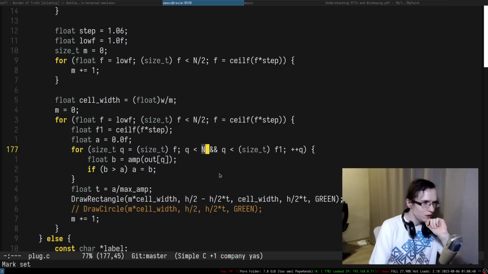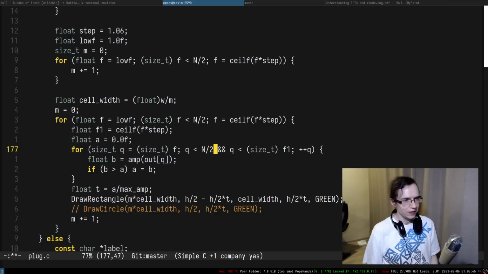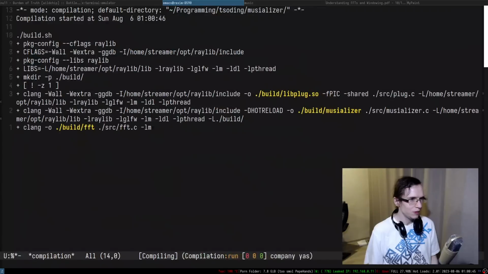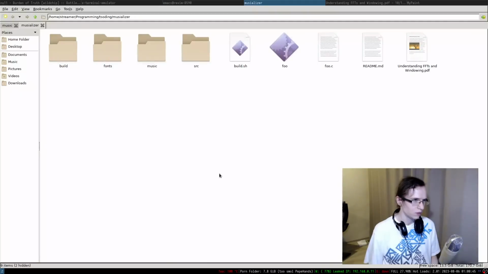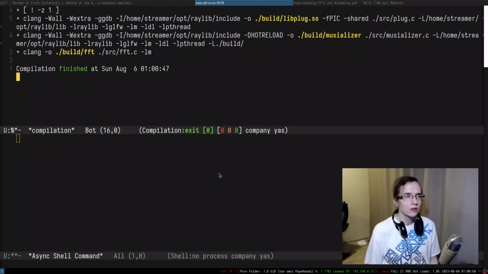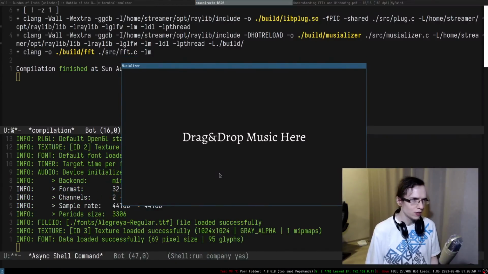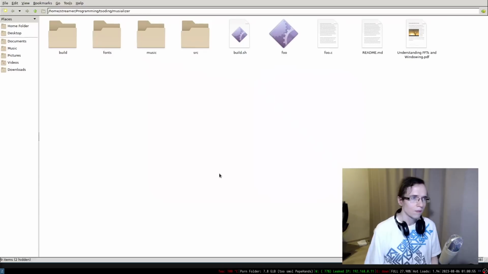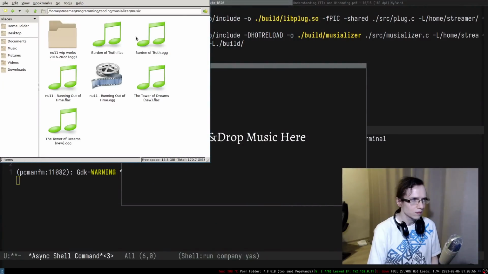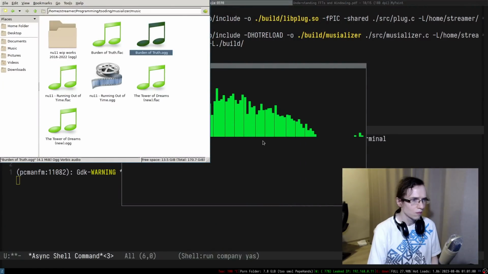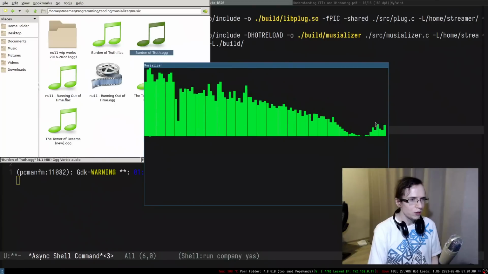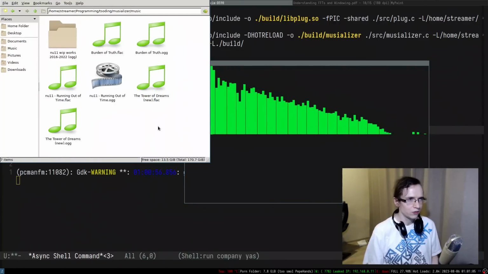So another thing that I didn't do is I didn't cut this in half. I think maybe that's what I forgot to do. Alright, so just a second. I'm going to restart the visualizer. I'm still not sure about this. Where is that stuff coming from?